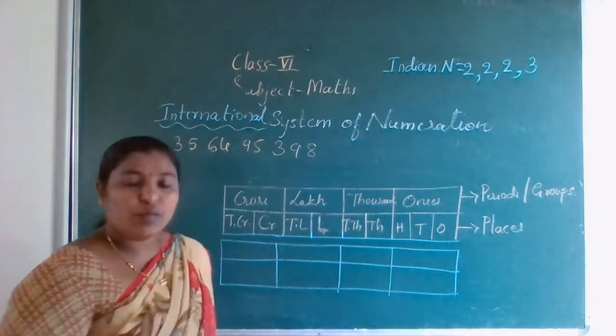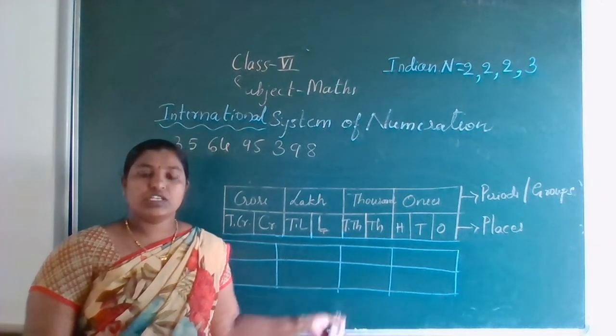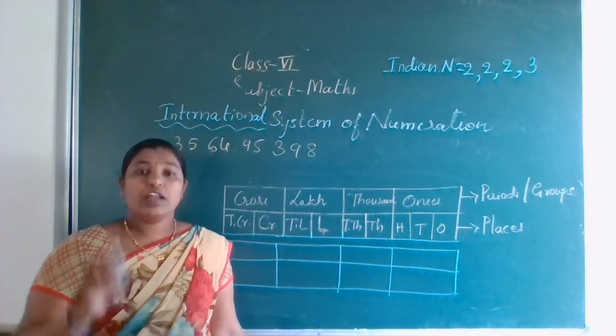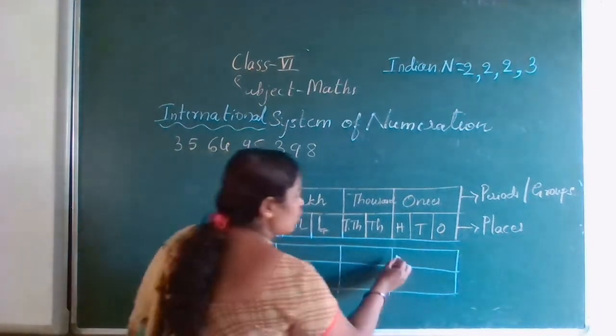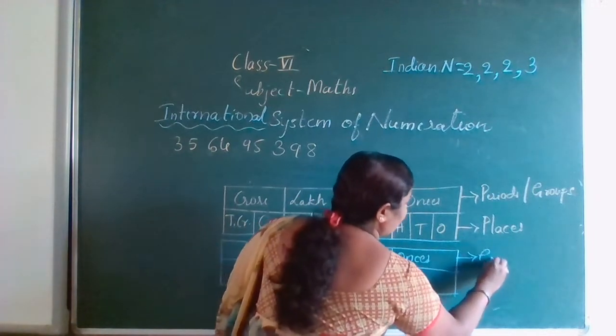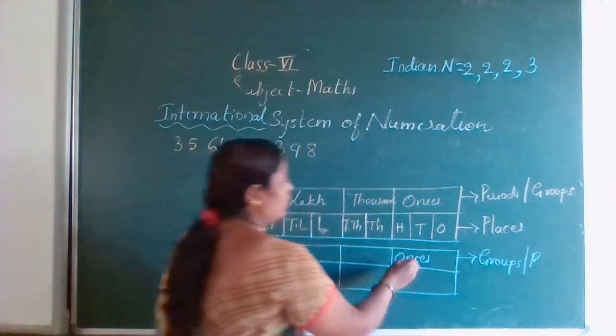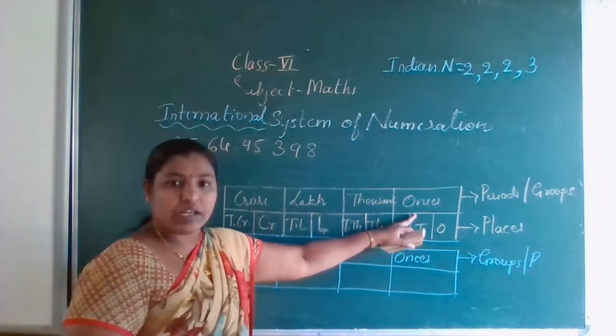There are also some groups and periods in the international system. There are groups. First one is ones. These are groups, or periods. First one is as in the Indian system.